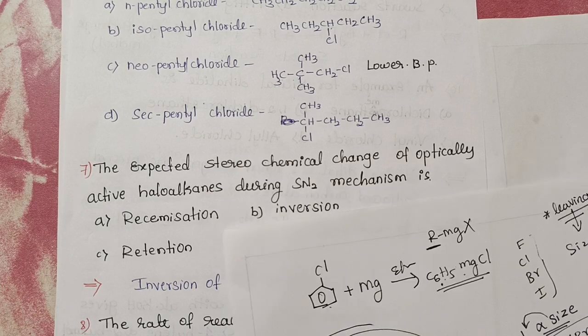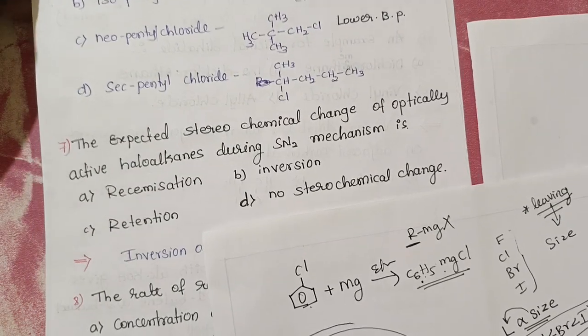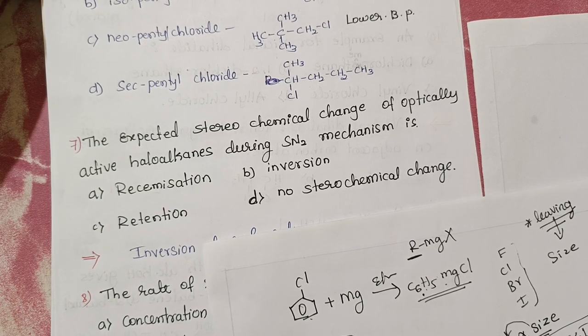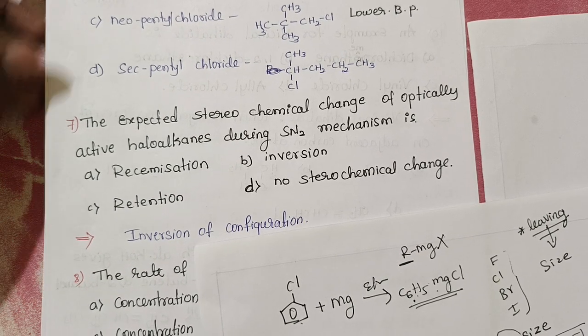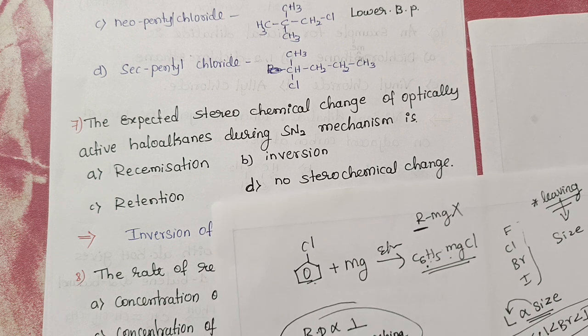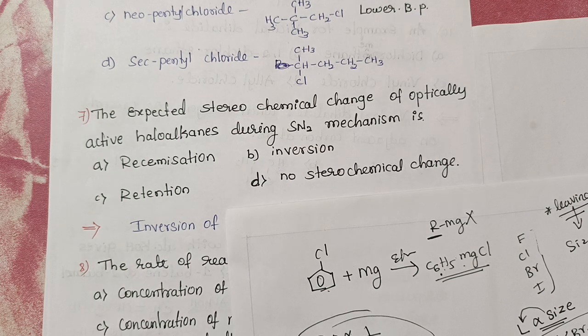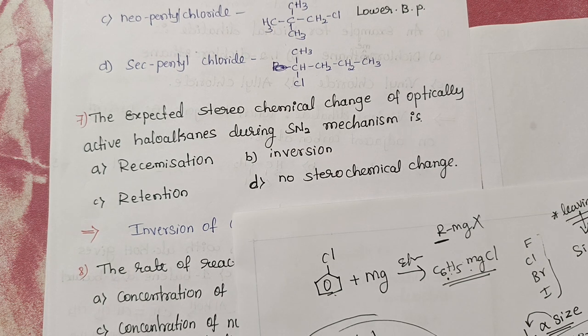Then the next question: the expected stereochemical change of optically active haloalkanes during SN2 reaction is. Whenever the SN2 mechanism occurs, which type of stereochemical change will occur? That is the question.